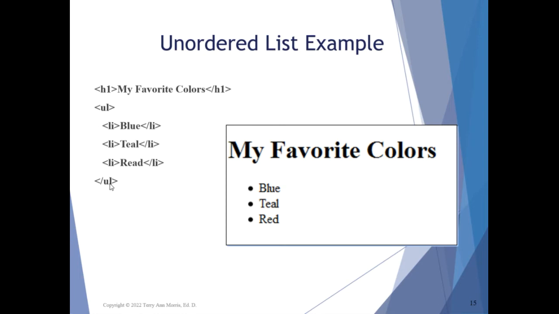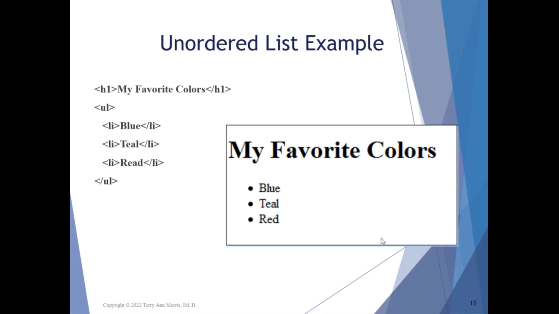Between the UL, open and close, we now have 3 LIs. We open our first LI with the content of blue, we close it. We open our second LI with the content of teal, we close it. We open our third LI with the content of red and we close our LI. Finally, we close our UL.